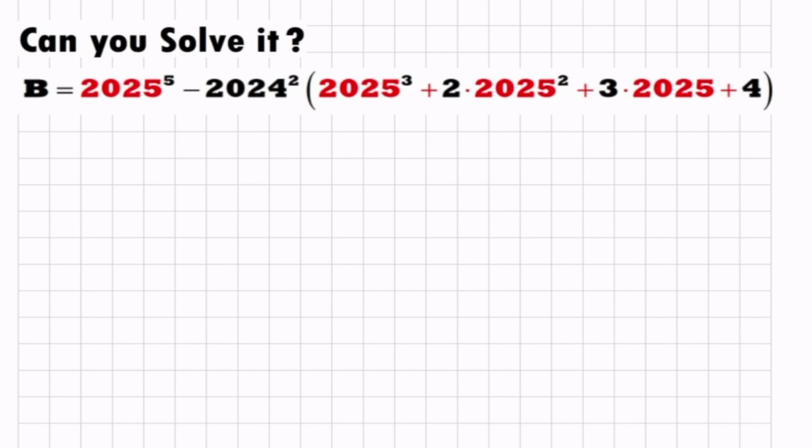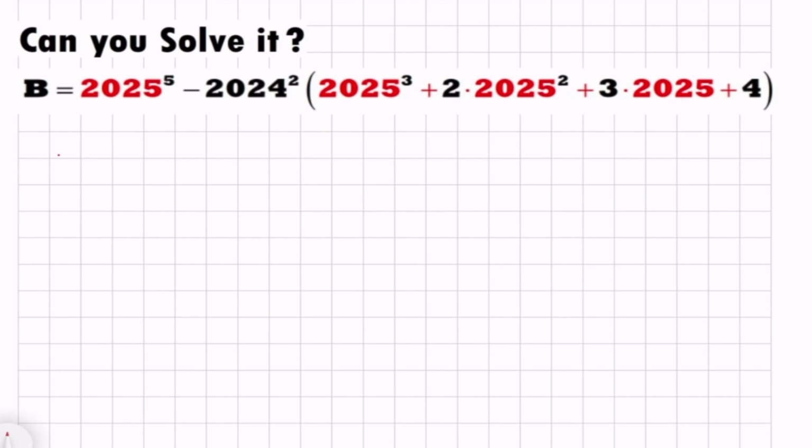So we have this number that looks quite big, and we need to represent x equal to 2025, but as you can see this is only 2024, so we have to convert it to 2025 minus 1.